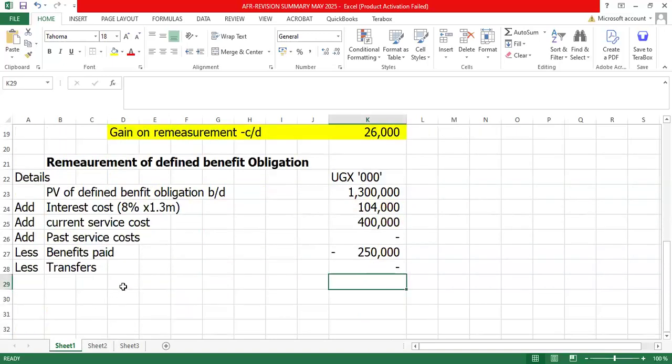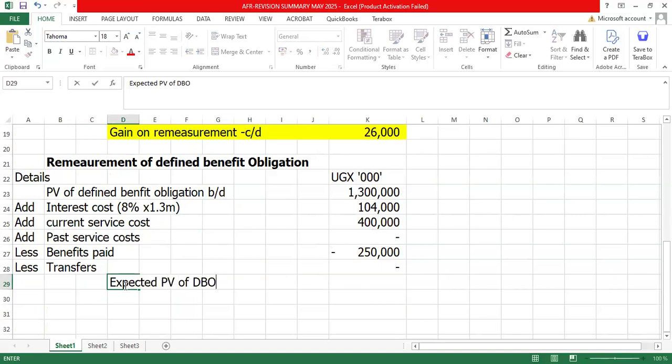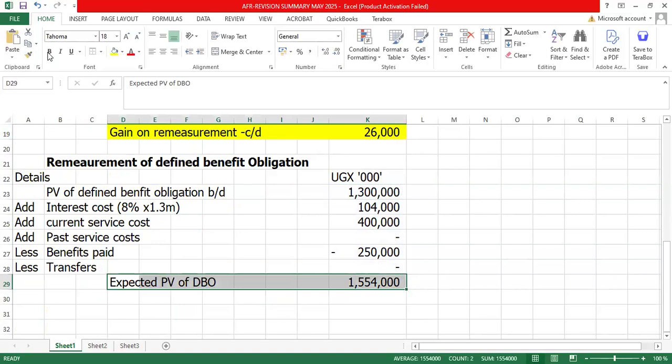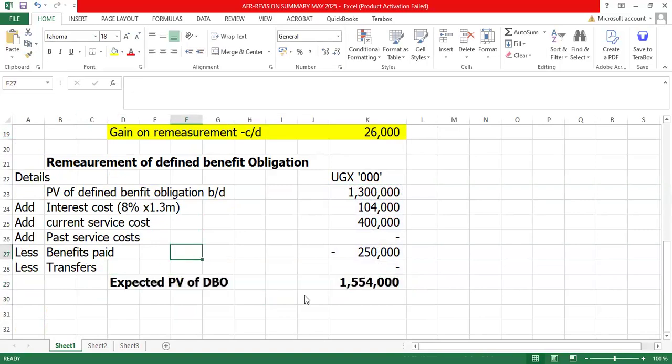So here we don't have. So from here you can get the total expected present value of defined benefit obligation. You can even abbreviate, it is okay. 1.6. Summation. Yes, that one.